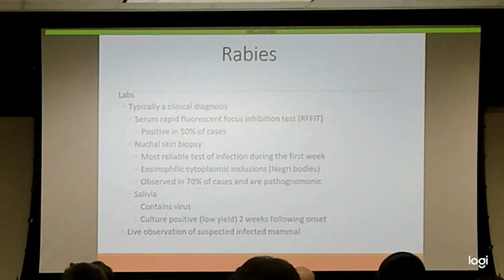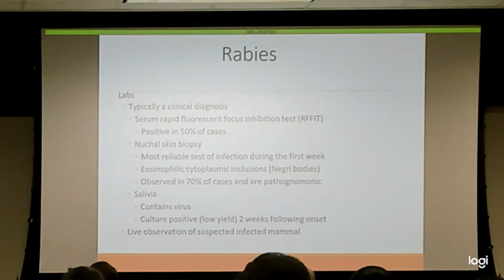And you need to remember that this is the most reliable test during the first week, okay? This one is also slow to spur your immune system response. And because it's slow to spur that immune response, even if I do an IgG or IgM, it'll be very minimal. So your nuchal skin biopsy is your best.